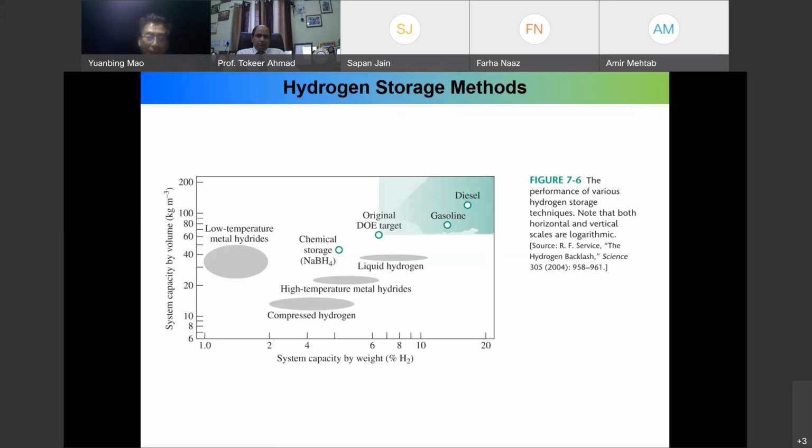And hopefully, it will get back. So that's something really important. The other thing about this figure is that both the horizontal and vertical scales are logarithmic. So even though it looks like it's not too far away, because these are logs, it's far away, okay?